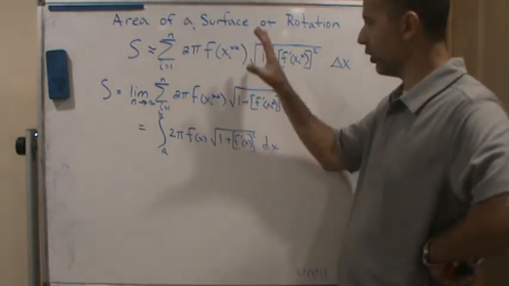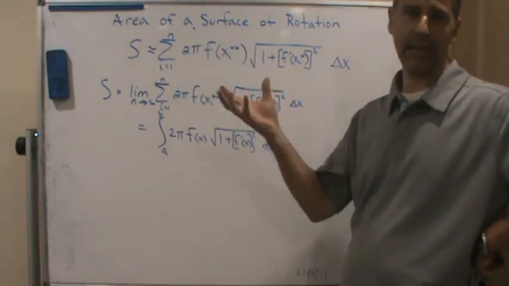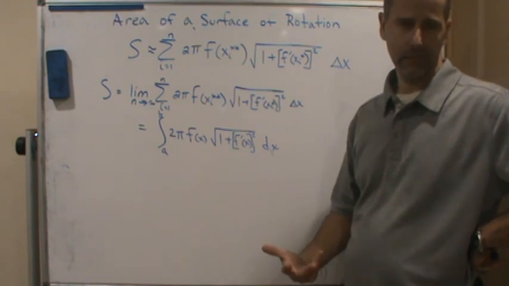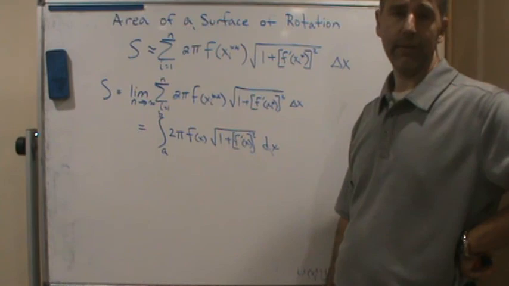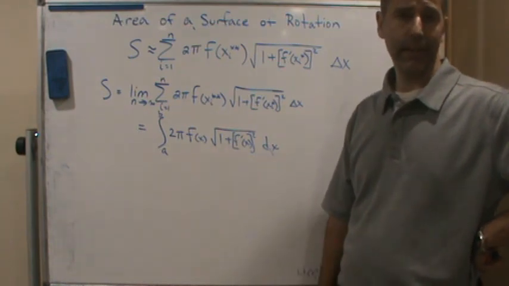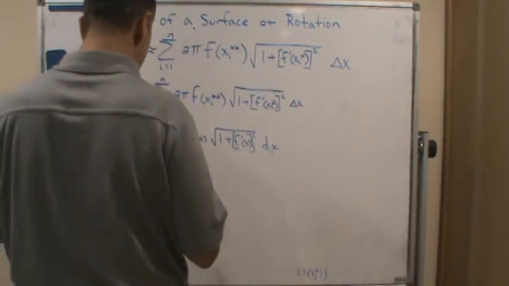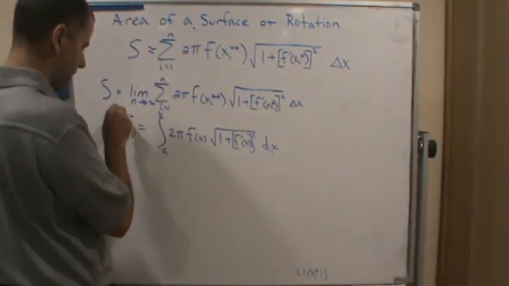Okay, so I could go through the same thing to derive a similar formula if we were going to go rotating around the y-axis. Okay, so in the next video I'll write out the theorem and I'll go over the theorem and then we'll do some examples. But this is the end result of surface area.